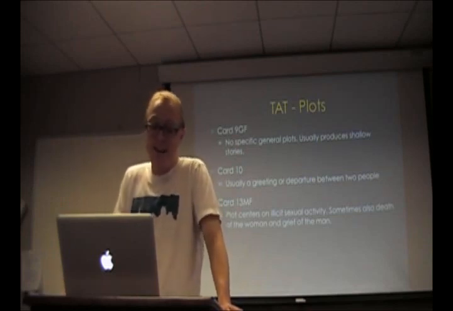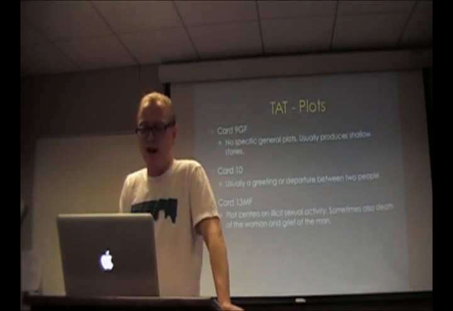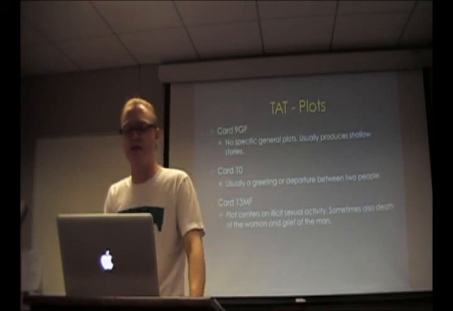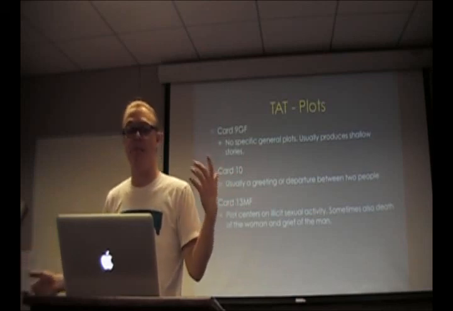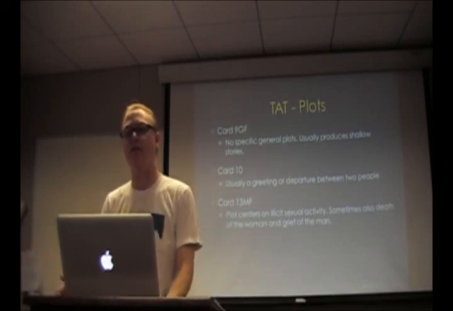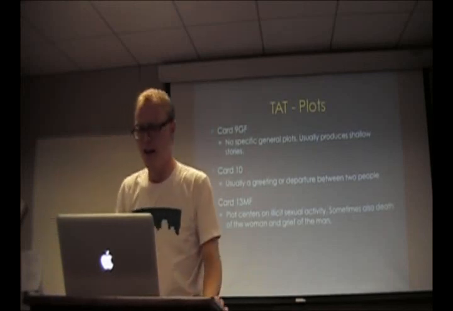And card 13 MF. Usually plots center on illicit sexual activity. It's the one where there's a woman lying down, potentially naked, and there's a man sort of getting up and leaving, and I think he has his hand on his forehead.